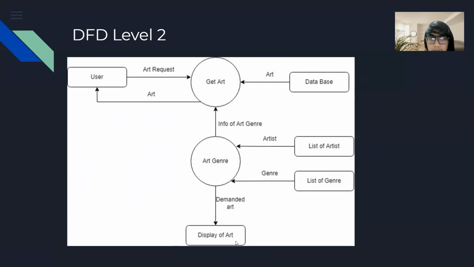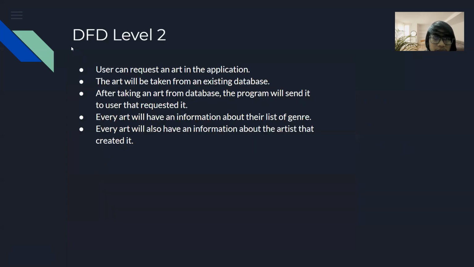the specific art that is being displayed. And from that, we can compile it into 5 points again, which is the user can request an art in the application, which is of course something that we said previously since DFD level 1, but it's much more specific because now we actually know the art will be taken from an existing database in Eden, or in the application.